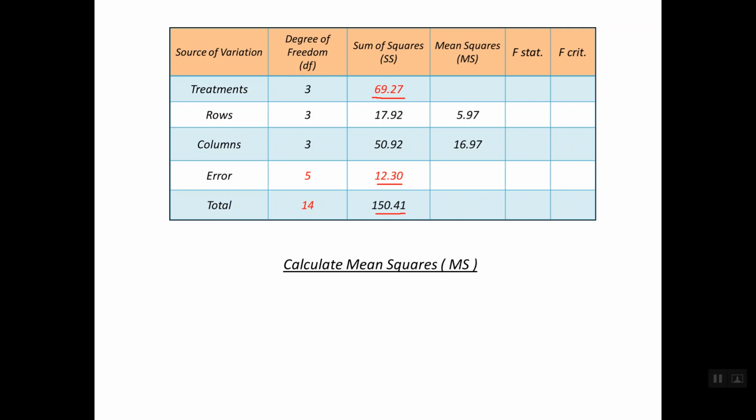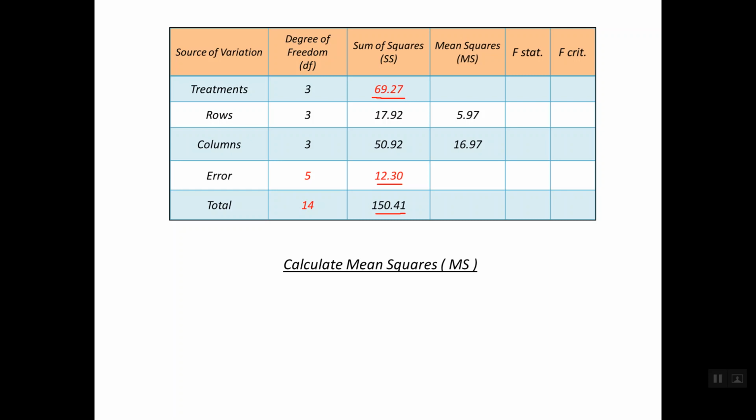Because the SS for the total doesn't change, the SS for the error will increase by the value of the reduction in the SS for the treatment.